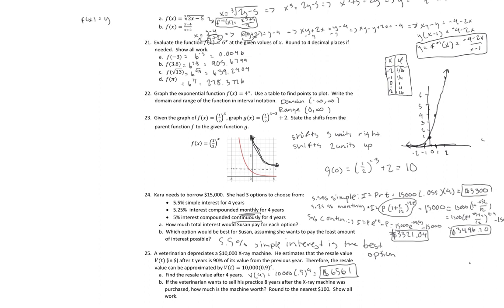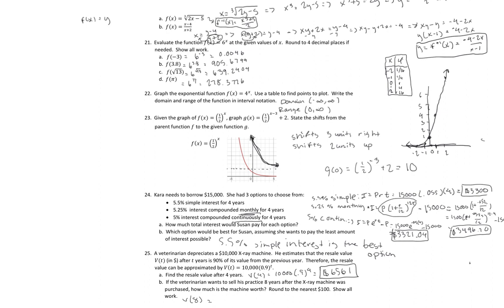Now in part B, it says if the veterinarian wants to sell his practice 8 years after the x-ray machine was purchased, how much is the machine worth? And it asks to round to the nearest 100, show all work. The resale value is how much the X-ray machine is going to be worth, so we want to find V of 8, if he wants to sell 8 years after the X-ray was purchased.